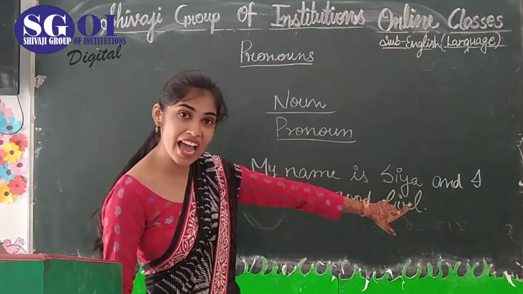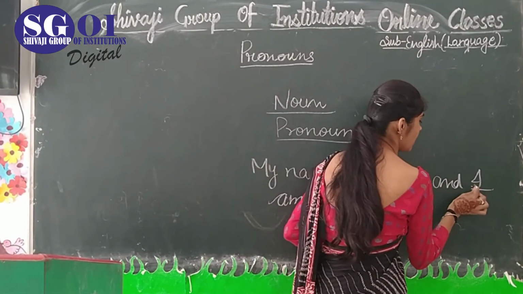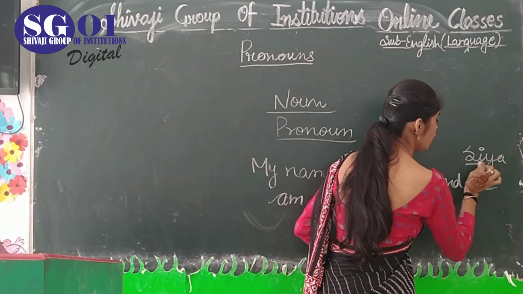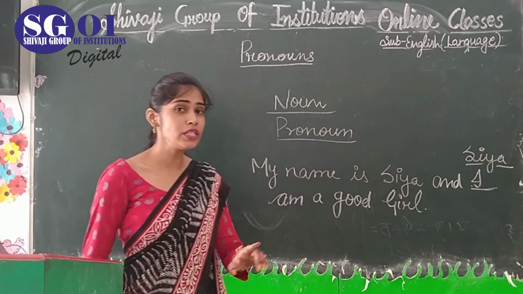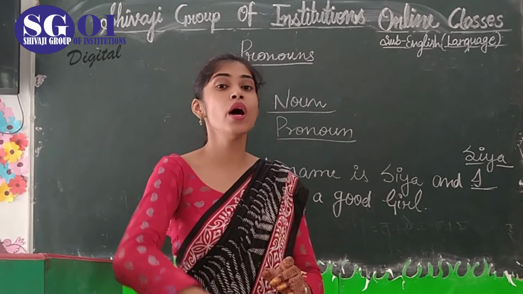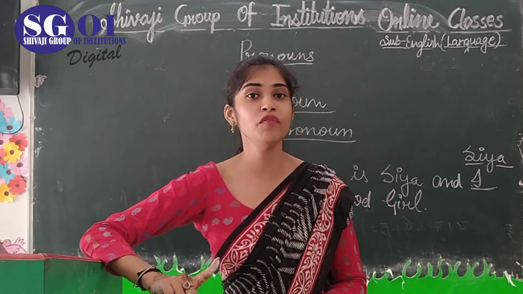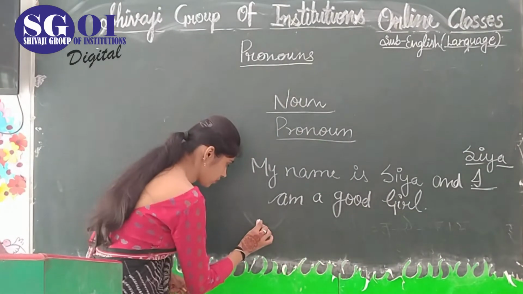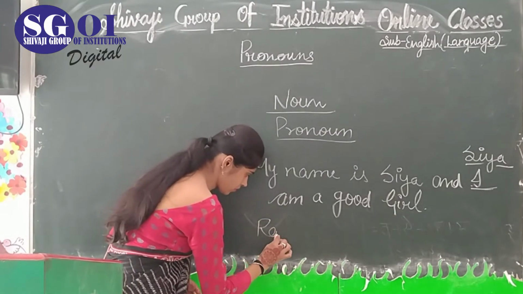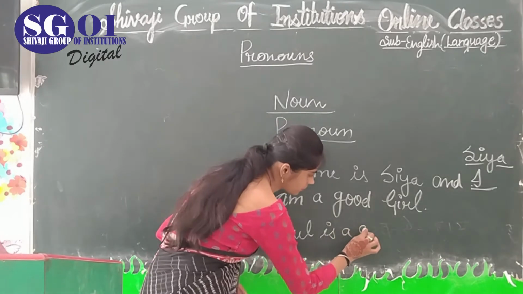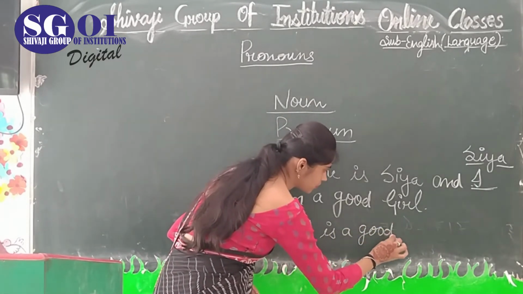I use I in the place of Sia. In the place of Annie, what do I use? I. So I is a pronoun. So in the place of a noun, we mostly use pronouns. Rahul is a good boy.